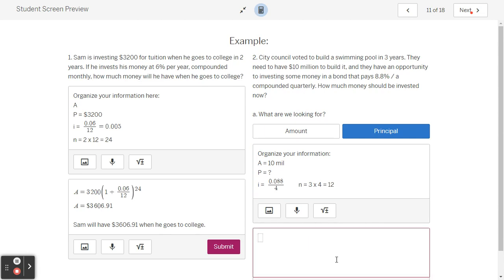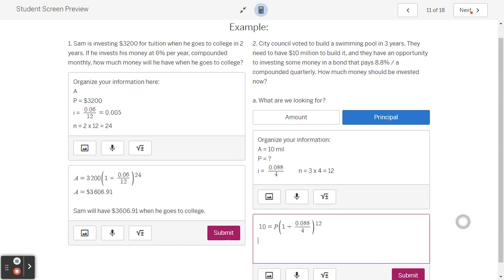Let's put this into our equation. A is equal to P times (1 plus i) to the power n. So 10 million is equal to the principal times (1 plus 0.088 divided by 4) raised to the power of 12. This is an algebra question now.